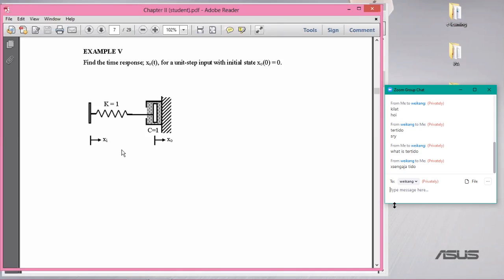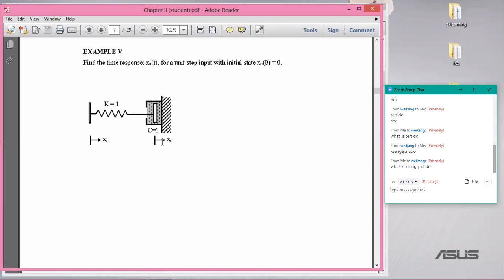Let's say you move the left hand side of the spring by 1 meter, and we want to observe what is going to happen to the piston inside the cylinder. The first step is to obtain the differential equation and then solve it using the Laplace transformation technique.